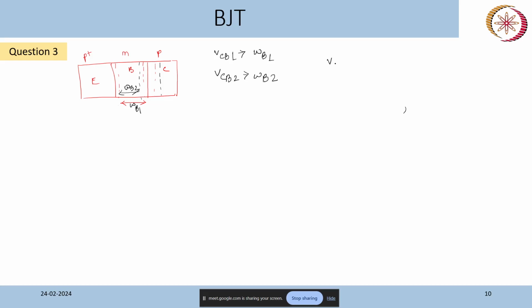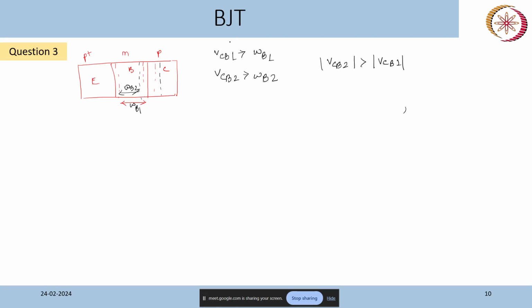And VCB2 is more than VCB1. I'm using the modulus sign because I'm not worried about the convention here, whether I should write CB or BC.